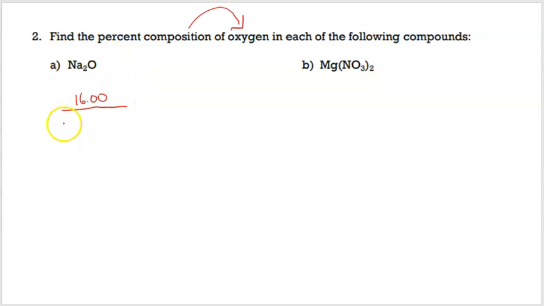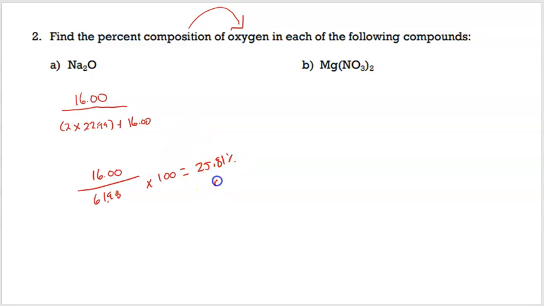Over the total mass, which is going to be 2 times 22.99, which is the 2 sodiums, plus that 1 oxygen. All right. And that can be simplified as 16.00 over 61.98, and then times 100. And we should get 25.81% oxygen for that part.